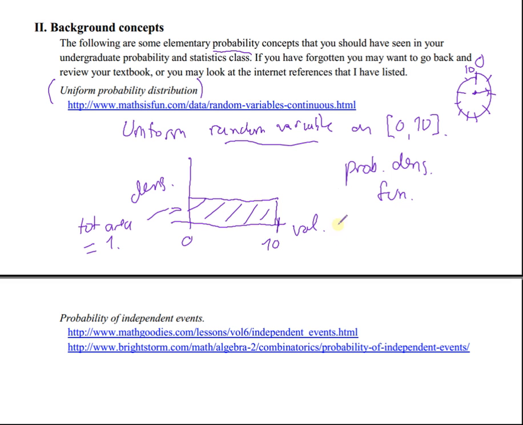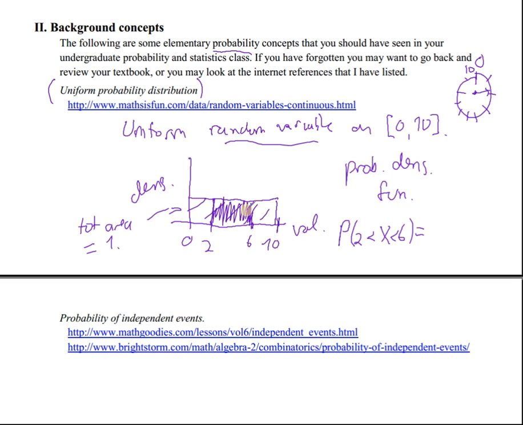For instance, suppose I want the probability that my random variable x is between 2 and 6. What do I mean by this? I mean, I spin the spinner, and I want the probability that the result is going to be between 2 and 6. Well, I put 2 here, and I put 6 here, and this probability will correspond to the area between 2 and 6.